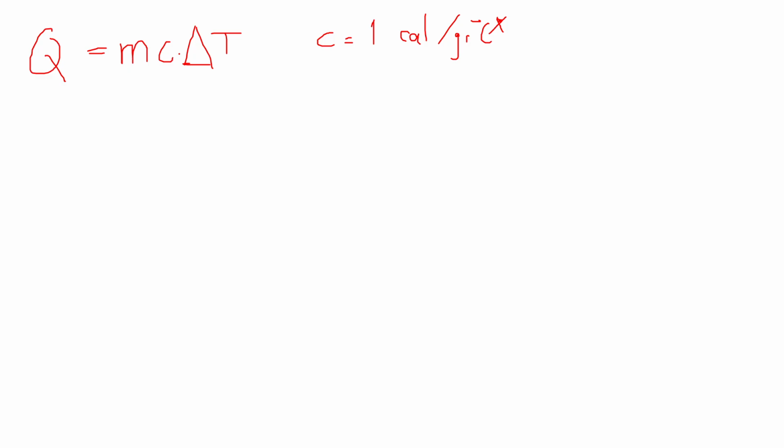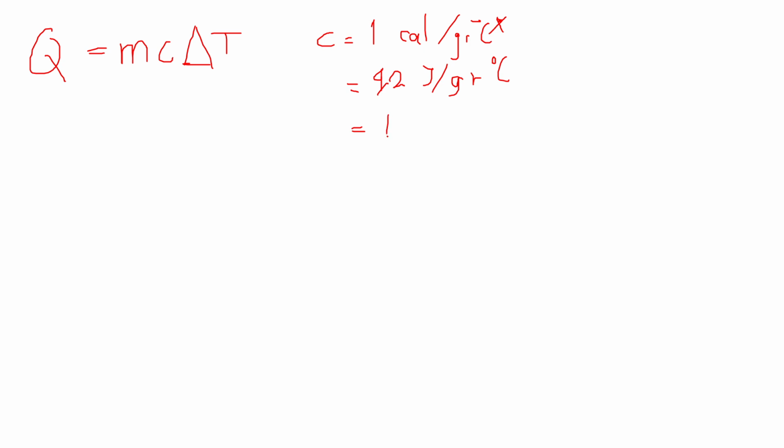Which means if I'm using 1 here for water, for the mass I need to use grams, and for the difference in temperature I need to use Celsius. Then the result will be in calories. But we can also use 4.2 joules per gram degree Celsius for water, and the result will be in joules.